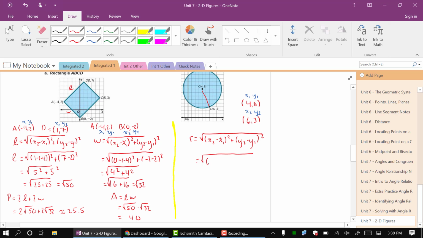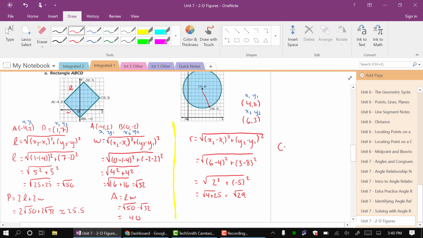So I get 6 minus 4 squared plus 3 minus 8 squared. 6 minus 4 squared is 2 squared. 3 minus 8 squared is negative 5 squared. So I get 4 plus 25, which equals the square root of 29.